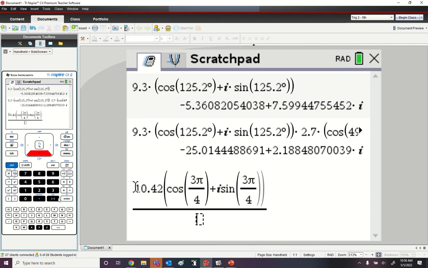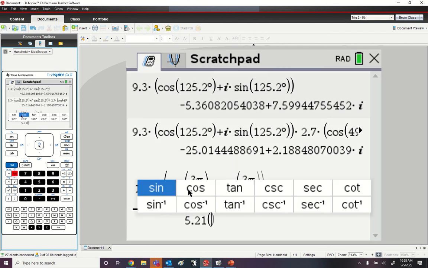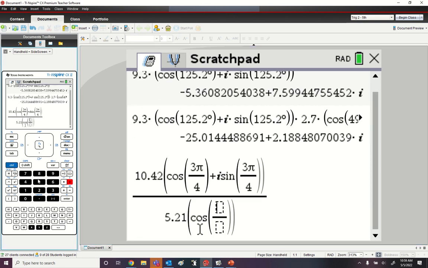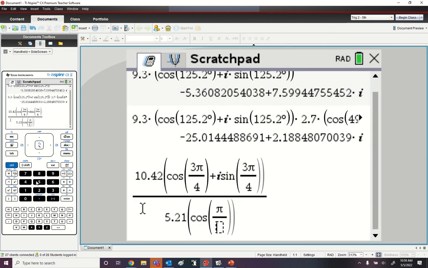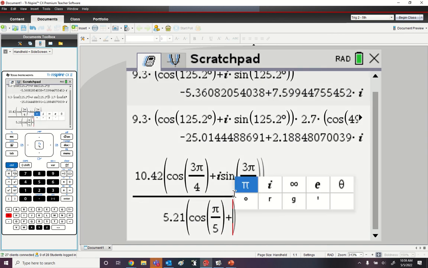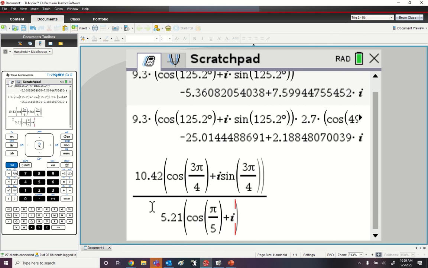Next one on the bottom, now that we're down to the bottom, 5.21. Open cosine of pi over 5 plus I sine of pi over 5.